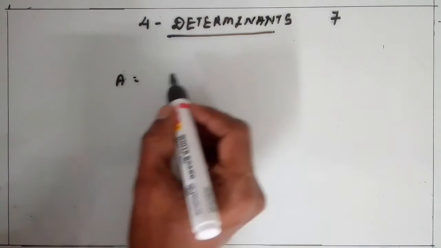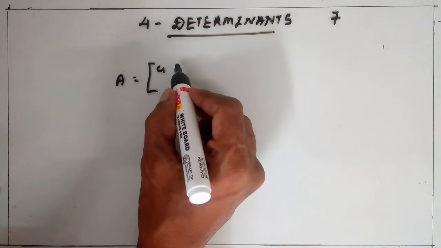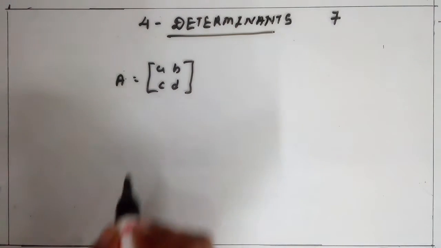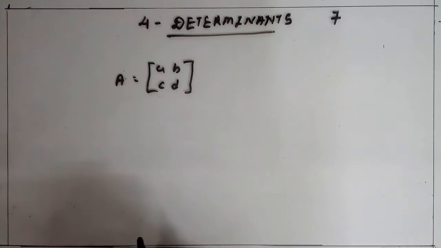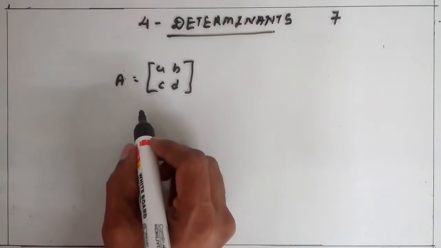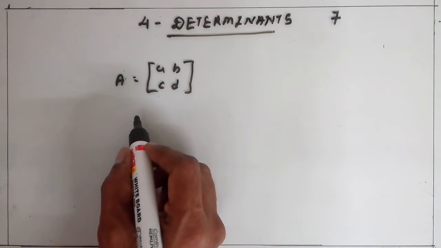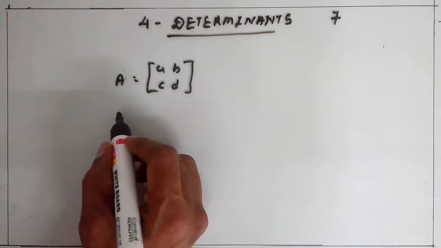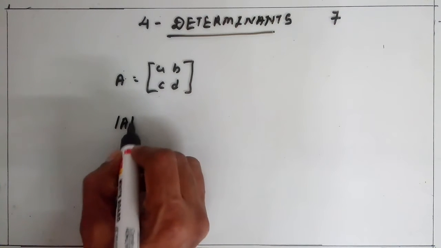Like for a square matrix of order 2, A, B, C, D, a number which is a real or complex number associated with this matrix is called the determinant of A. And the determinant of A is denoted by |A|.